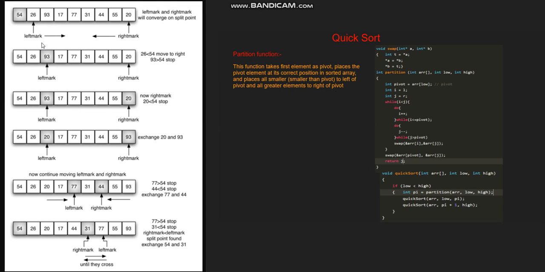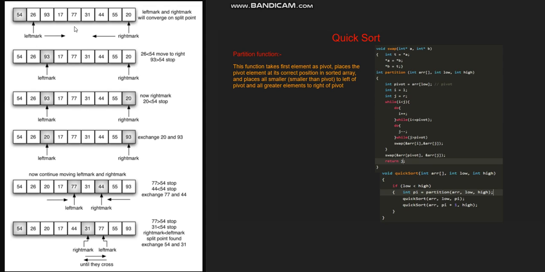You get it, right? 54 is arranged into some position such that the elements less than 54 are on the left side, and the elements higher than 54 are on the right side. That means 54 is in its correct position.